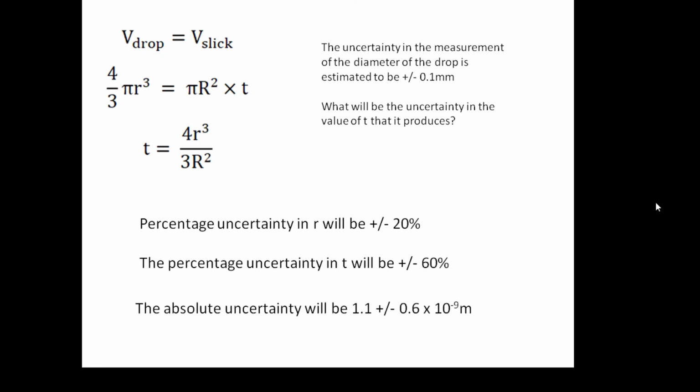As we are cubing little r, the uncertainty in t as a result will be plus or minus 60%. And so that gives us an absolute uncertainty of plus or minus 0.6 times 10 to the minus 9 meters.